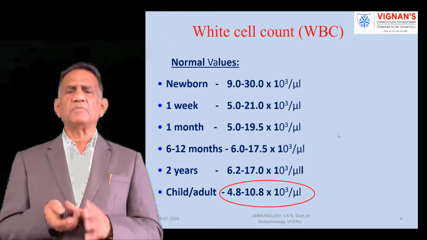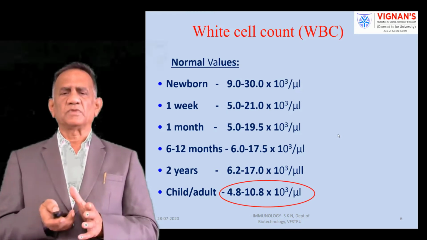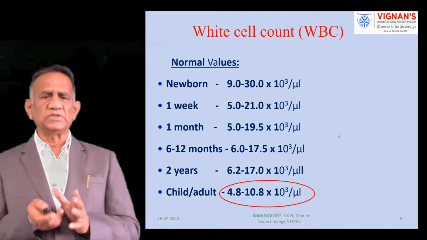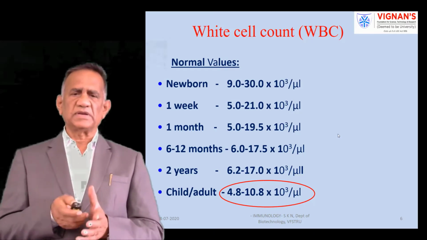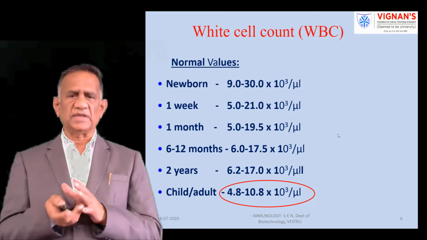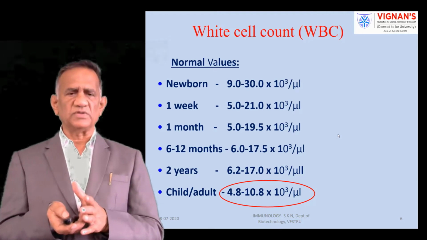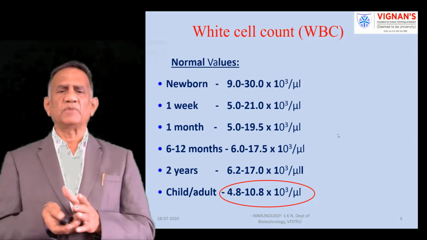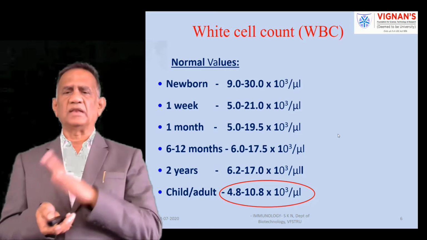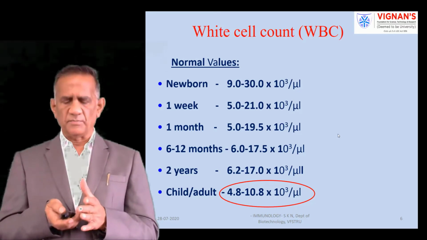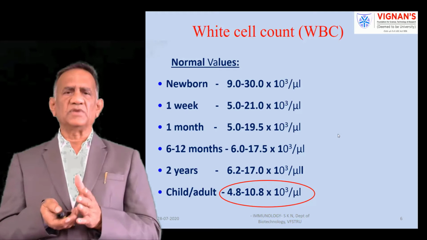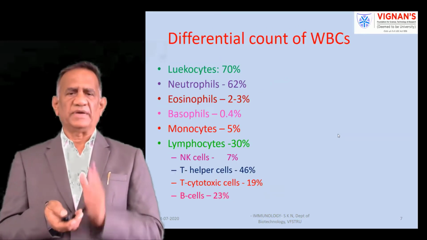This is the normal value which we have to remember. That's what I have been telling you: these lectures are both semi-technical and semi-popular, so that students other than biotechnology students can also follow. So this is a number we all have to remember, approximately 5 to 10 times 10 to the power of 3 per ml is the normal range of WBCs in our blood.